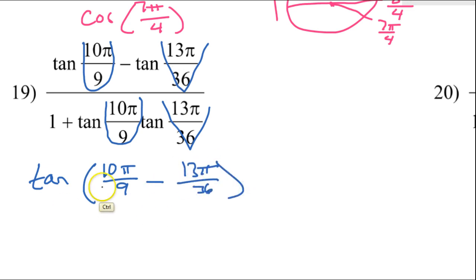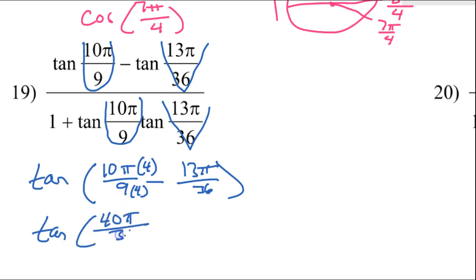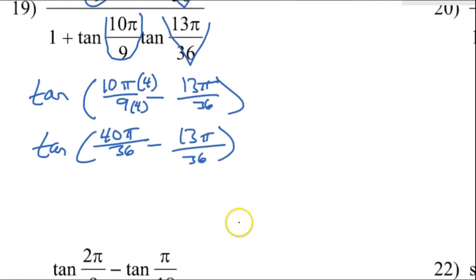Now, what can I do with this? I need like denominators. If I multiply this by 4, that gives me tangent of 40 pi over 36 minus 13 pi over 36.